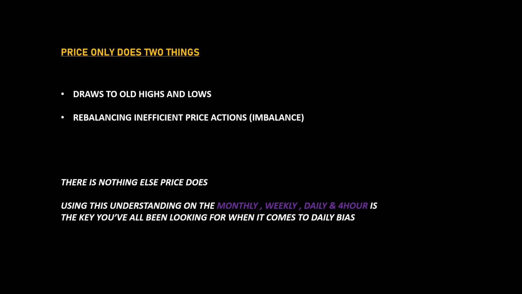In upcoming slides I'll show you examples also, but make sure you note this, we're going to use this on monthly, weekly, daily and 4 hour. I personally don't use 1 hour, okay, and this is what I learned from MMXM trader, okay. We're going to use this concept on monthly, weekly, daily and 4 hour.